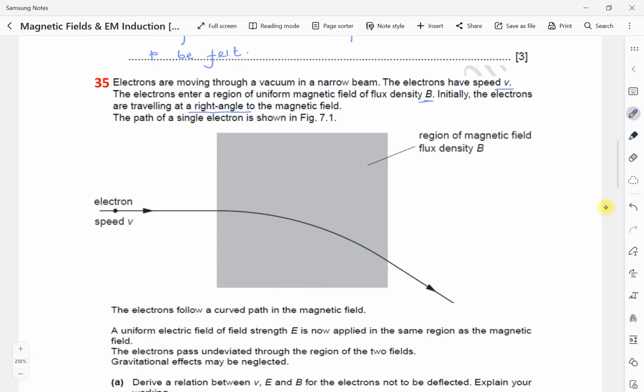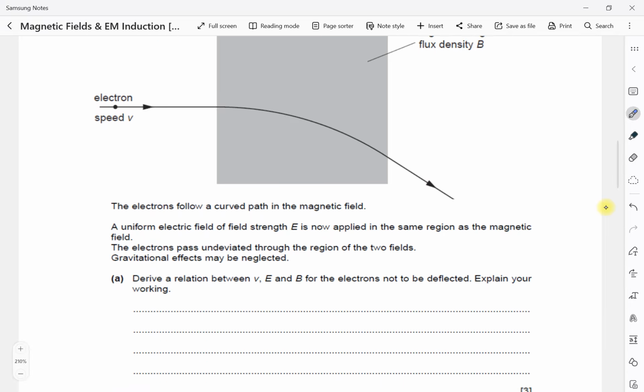The electrons follow a curved path in the magnetic field. A uniform electric field of field strength E is now applied in the same region as the magnetic field. The electrons pass undeviated through the region of the two fields. Gravitational effects may be neglected. Derive a relationship between V, E, and B.